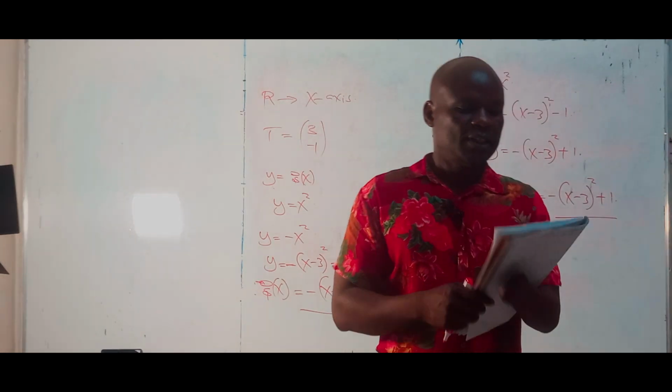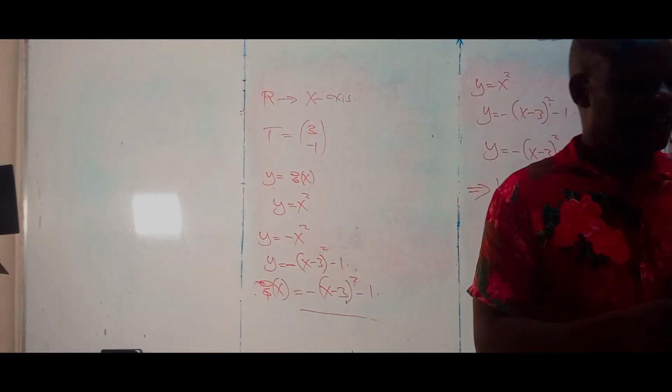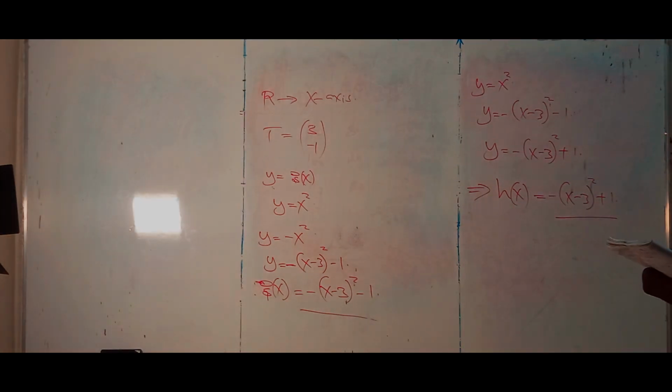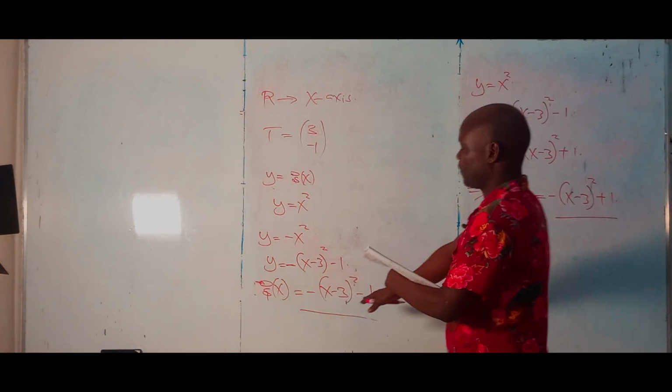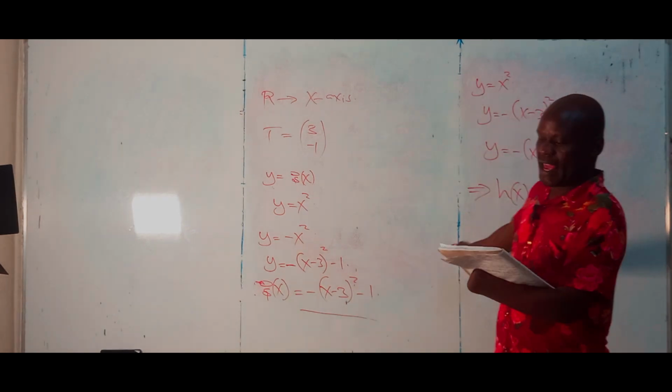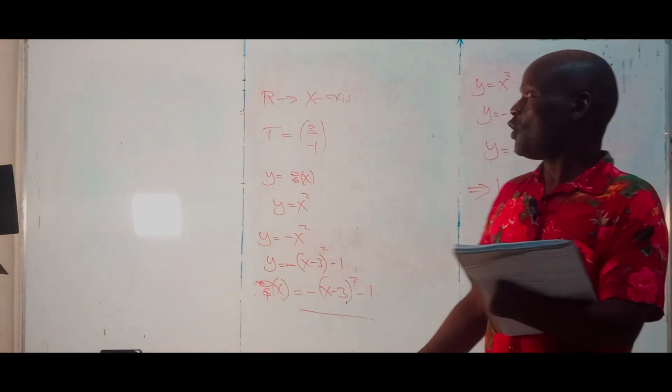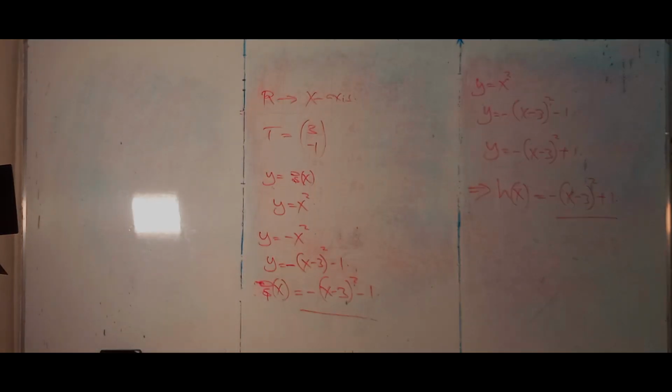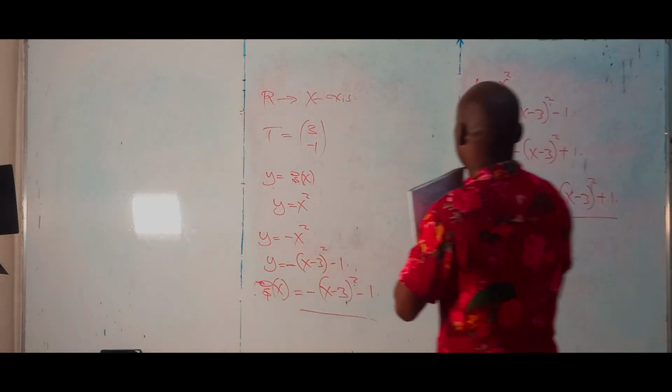So we say that this can be mapped to this by a vertical translation of 2 units. Why 2 units?